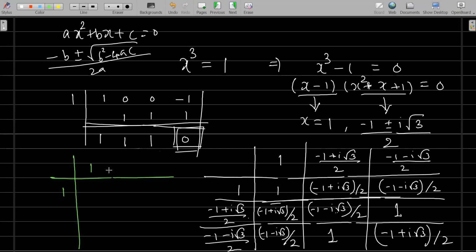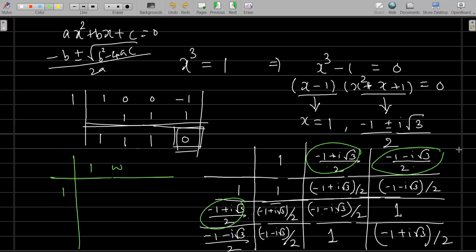Okay, so I'm calling this omega, or you may call it W or anything, right? Now, do you see, when we actually constructed the table, this element, W into W, turned out to be this element. Is it right? The square of this element turns out to be this third element. Is it right?